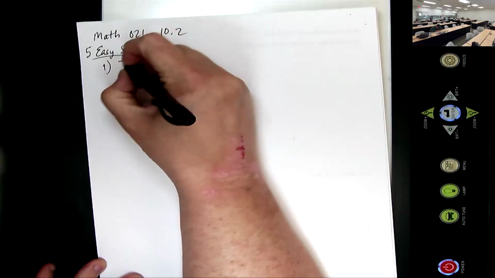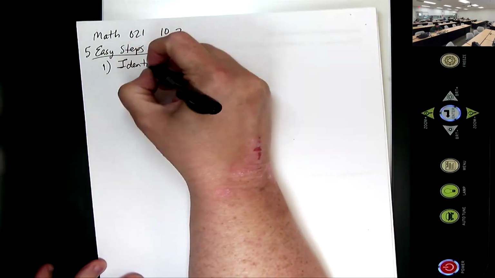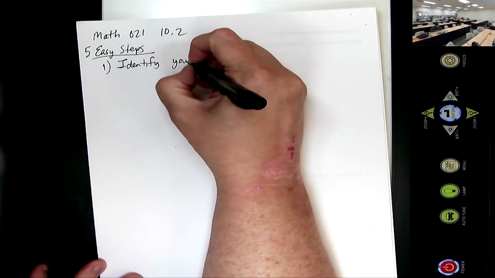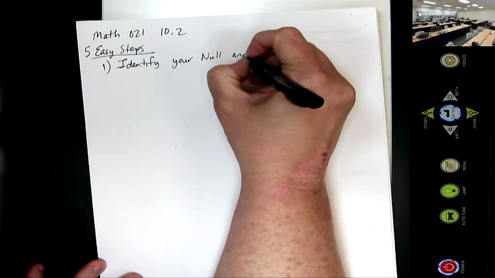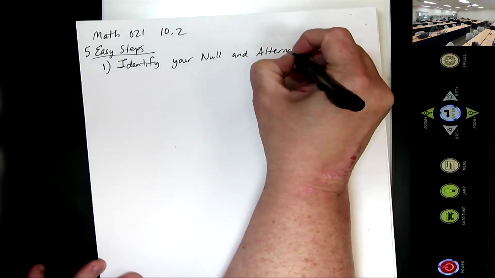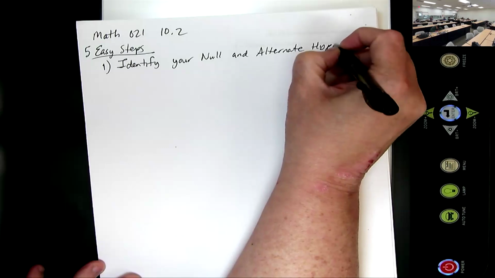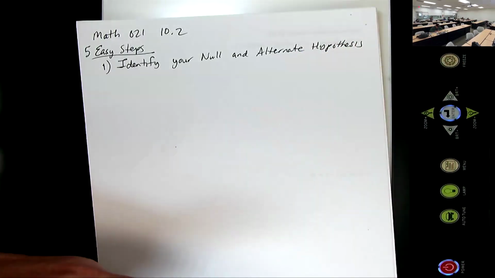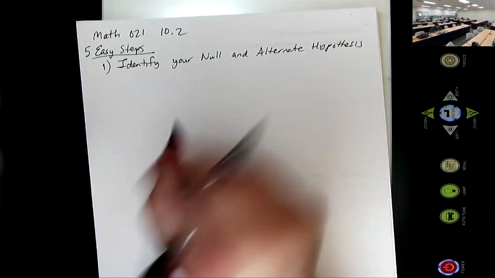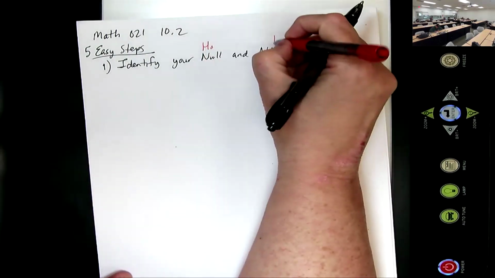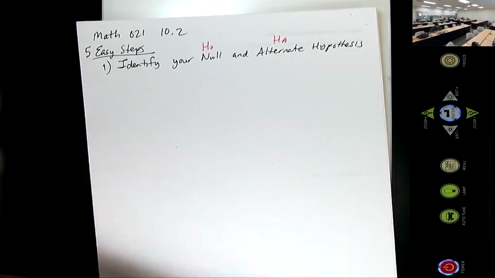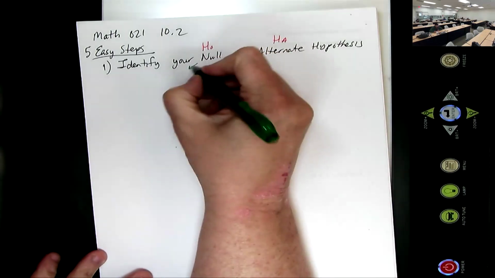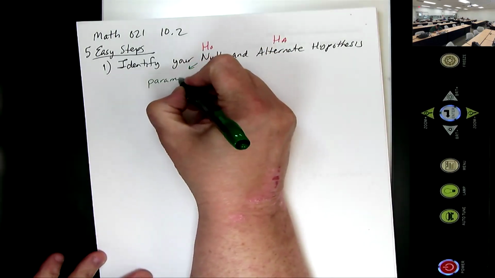Step 1, identify your null and alternate hypothesis, which are identified as H naught and HA. The null always has our parameter equal to a value.